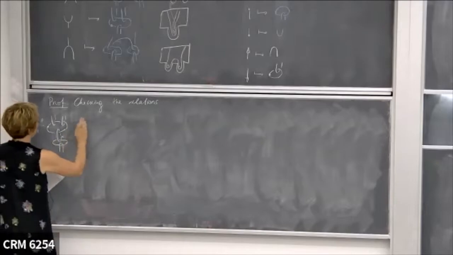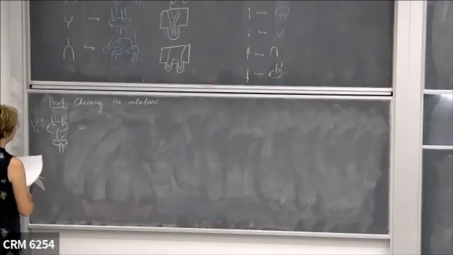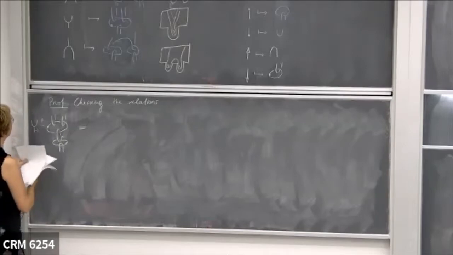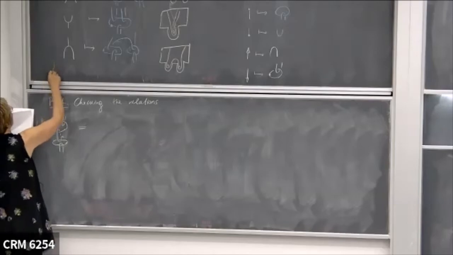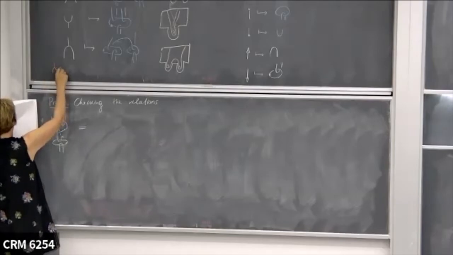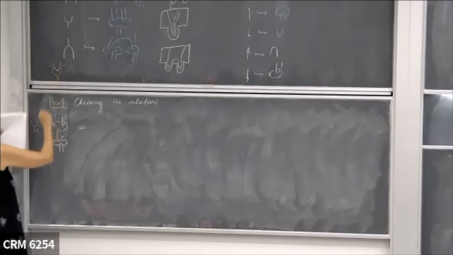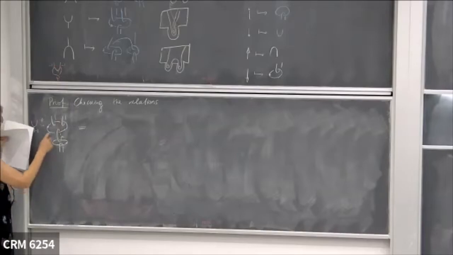And to produce the right-hand side, let me recall how the right-hand side looks. So this, I'm just recalling it here. So the right-hand side should be like this. So this is the guy whom we are looking for. And to produce this guy, what you're doing is sliding this one over this middle handle.